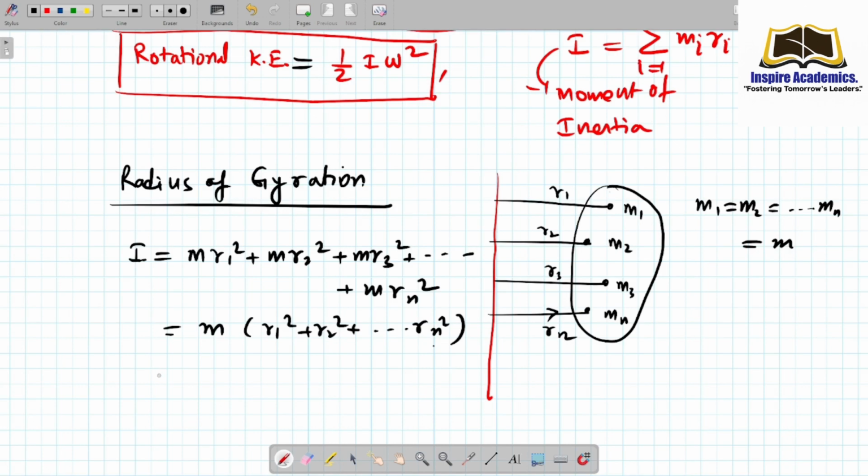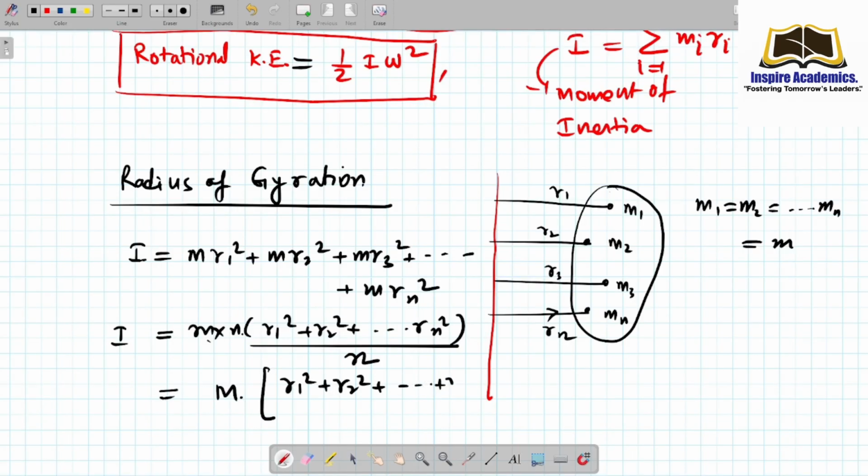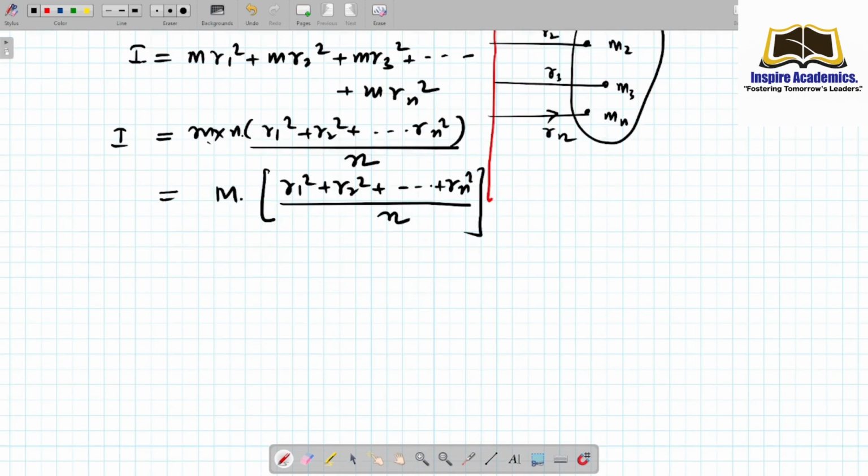If I multiply this whole thing by n and divide by n, then m times n will be the entire body mass, capital M, and here r1 square plus r2 square plus and so on plus rn square, divided by n. So I can write I as M k square.